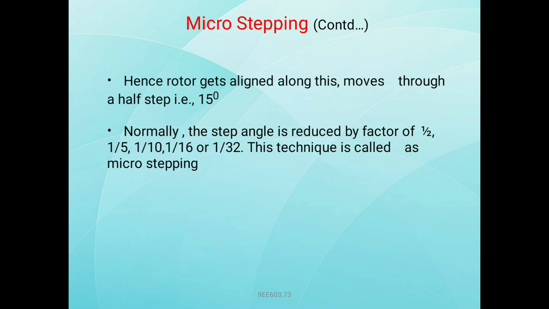Normally the step angle is reduced by a factor of 1 by 2, 1 by 5, 1 by 10, 1 by 16 or 1 by 32. So this technique is called micro stepping.